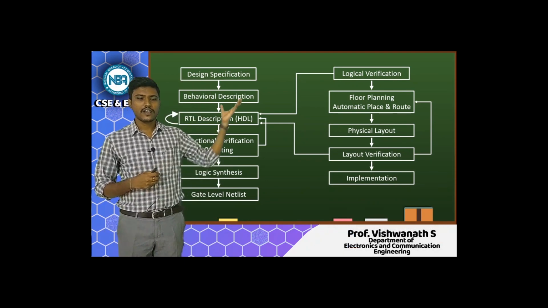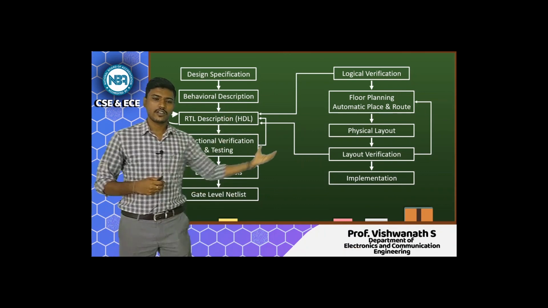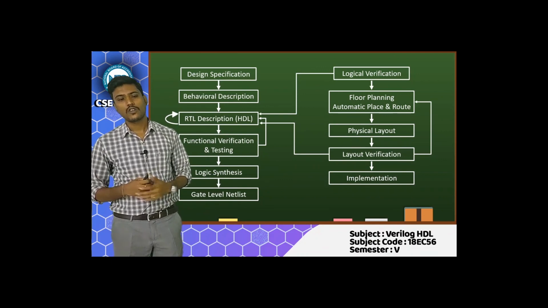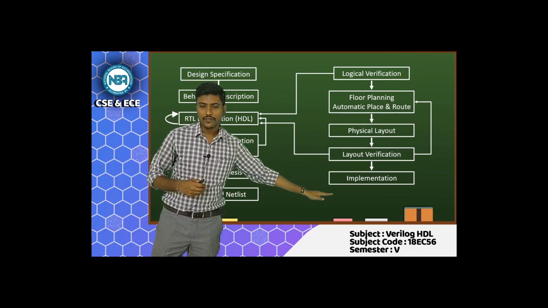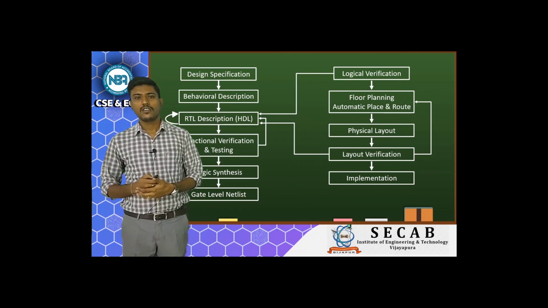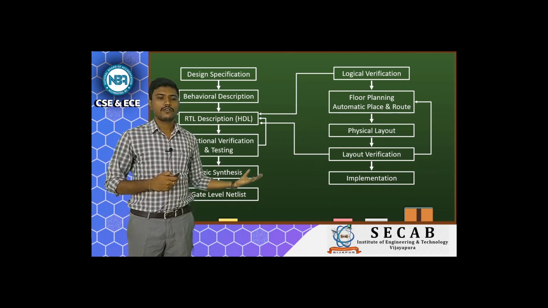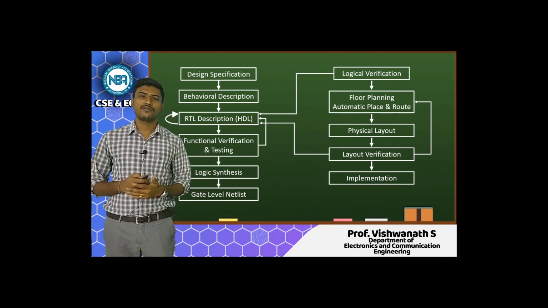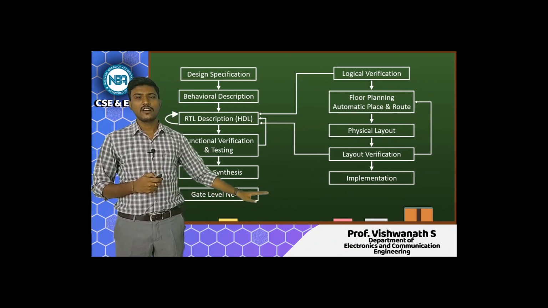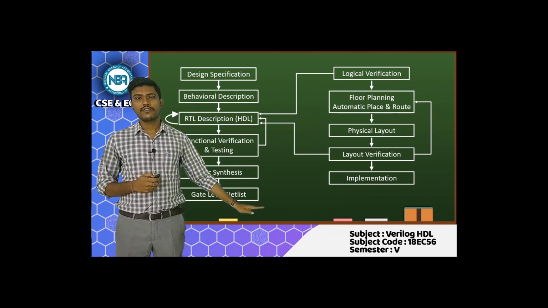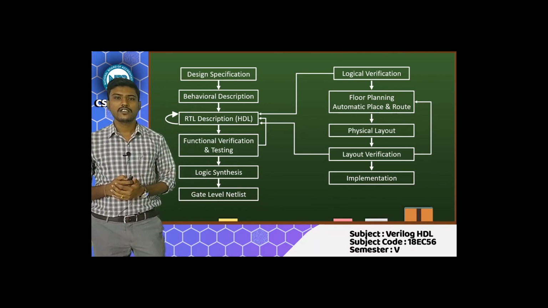All these steps need to be followed in order to come up with the final product from this implementation part. The whole process, we call it the typical design flow, or the VLSI design flow, or in simple words, the design flow.